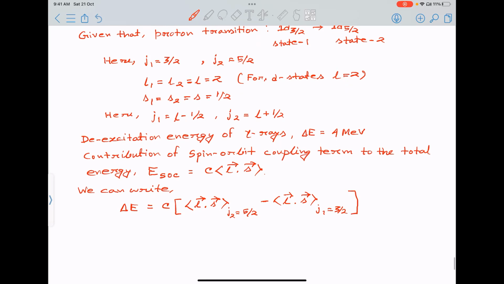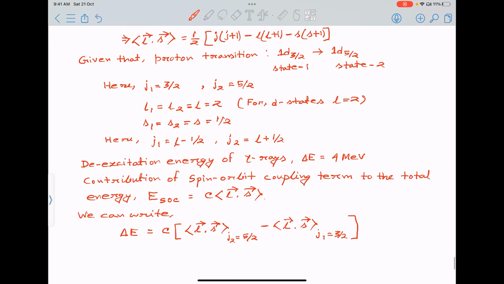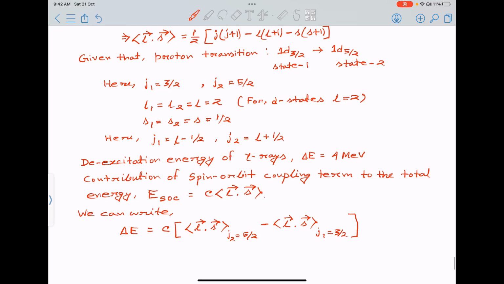Now we have seen that both L1 and L2 and S1 and S2 pairs are the same.